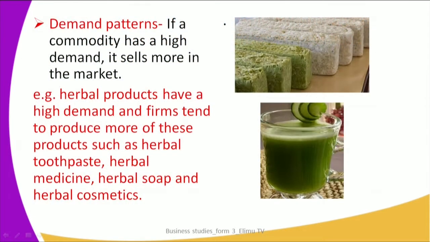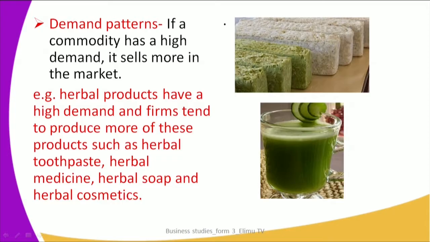One of the factors you're supposed to consider is the demand patterns. When we talk of demand patterns, it's the way that a product is demanded. If a commodity has a high demand, or is demanded by the majority of consumers, that product is sold more. For example, in our country, herbal products are in demand.